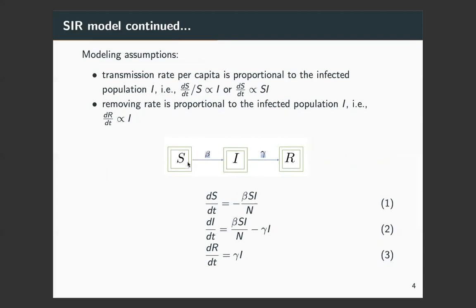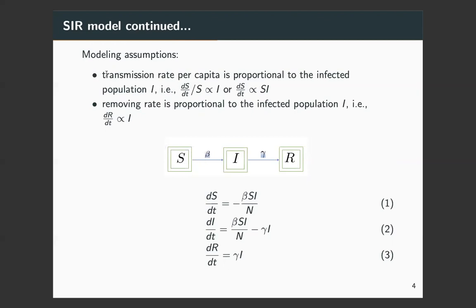First is between S and I. And as time goes on, part of the susceptible population will become infected, and part of the infectious population will move to the recovered class either by immunity, treatment or by death. So beta represents an effect of contacting between the individuals in S and individuals in I.